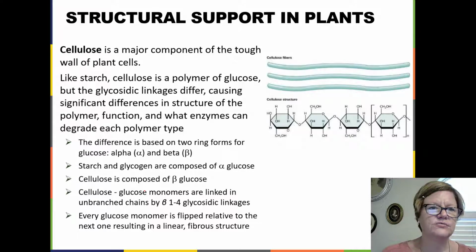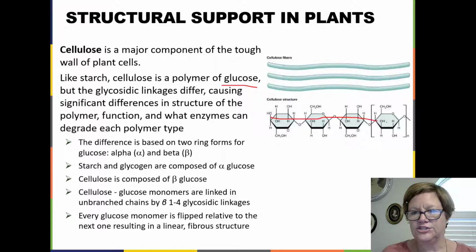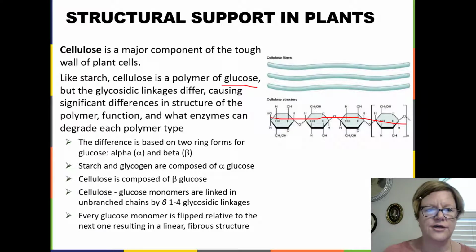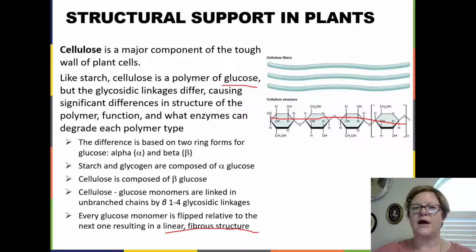Cellulose is a polymer of glucose again, and it makes a linear chain. It doesn't spiral, so you end up with this long, straight, fibrous structure instead of a spiraling structure.